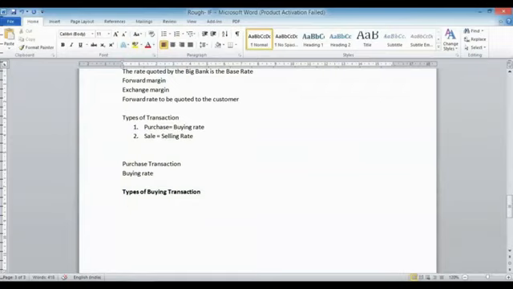So I can take a situation. A customer approached the bank for selling a foreign currency. Right. That means the bank has to give the buying rate to the customer.